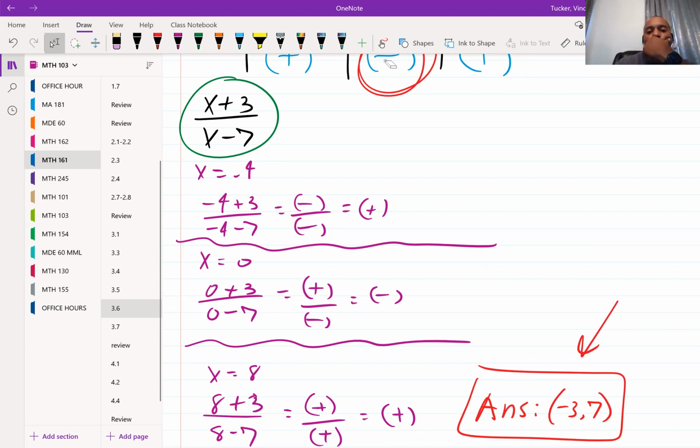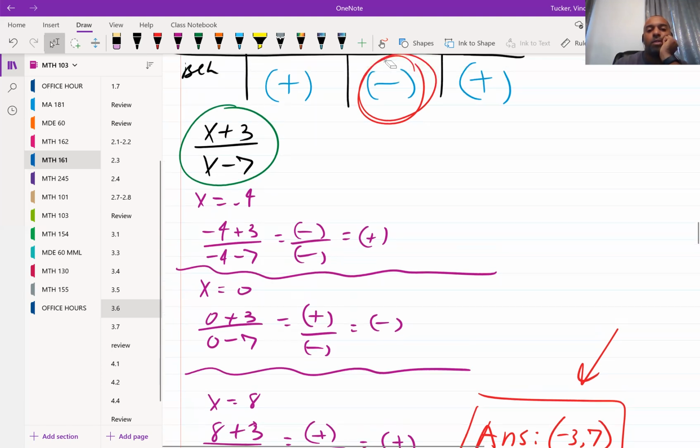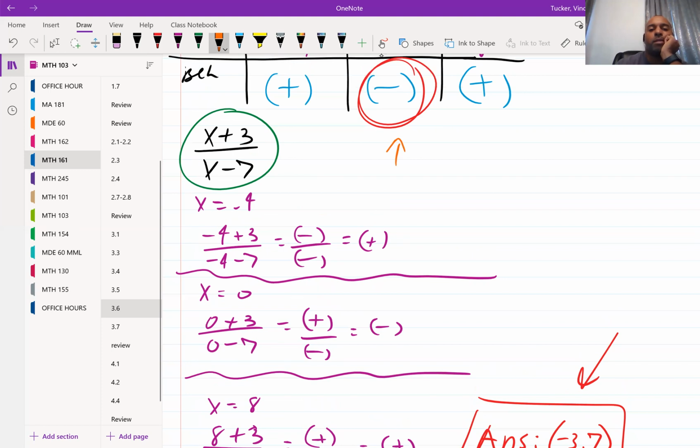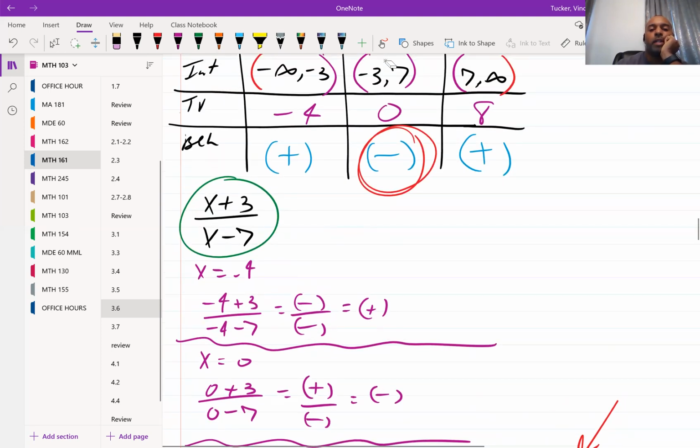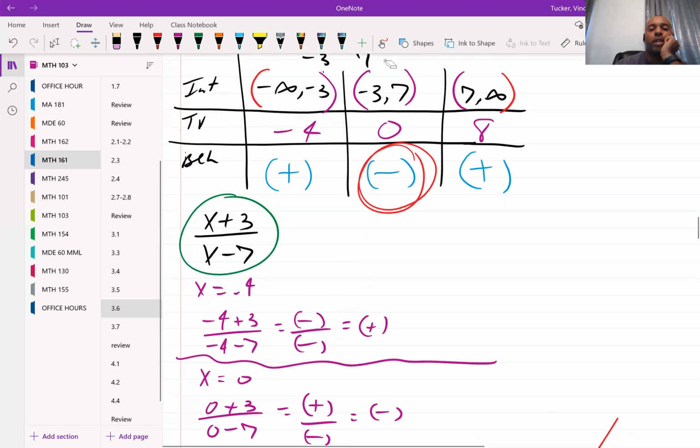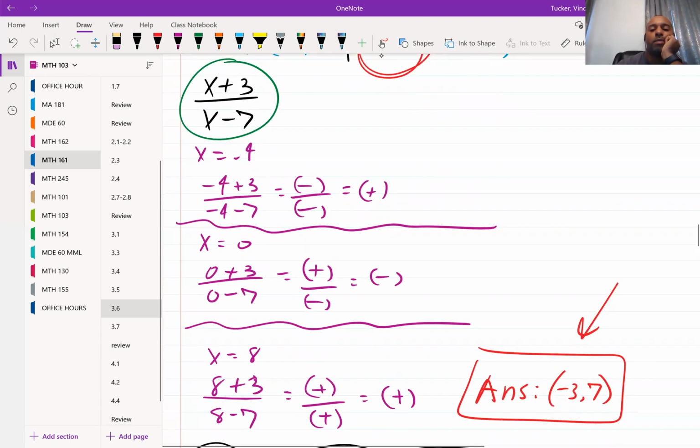All right, any problems or questions? All right, so our middle column gave us the less than. That corresponded to the interval of -3, 7. So that's why our answer is -3 to 7.